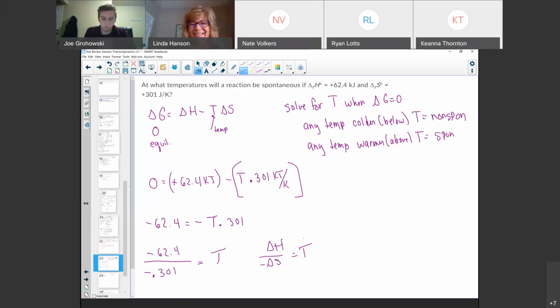We just know there's no such thing as negative Kelvin temperature, right? There's absolute zero, nothing cooler than that. So I have negative 62.4 divided by negative 0.301. So I found maybe 207.3.